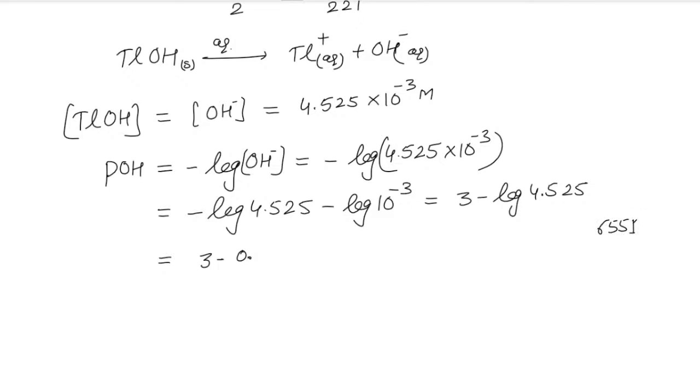And then the mean difference of 5 is 5 only. So it becomes 6556. So the value is 3 minus 0.6556, so it is 2.344.